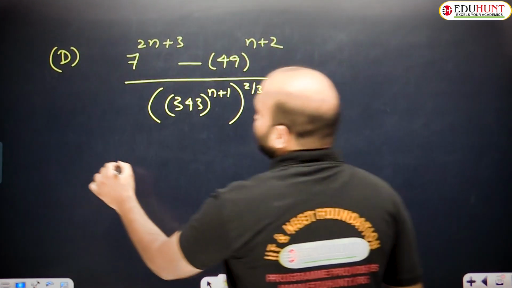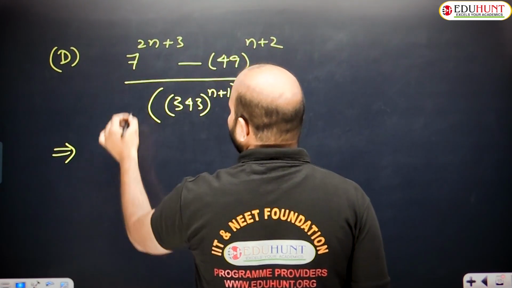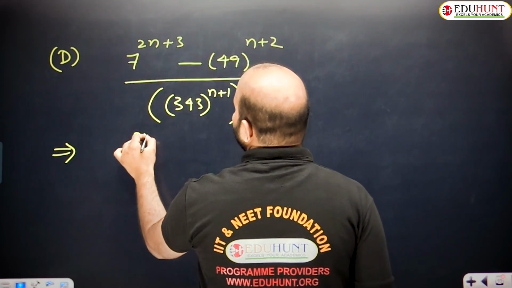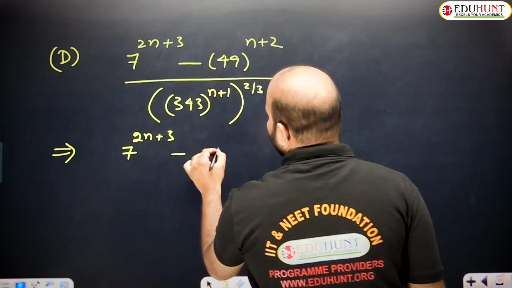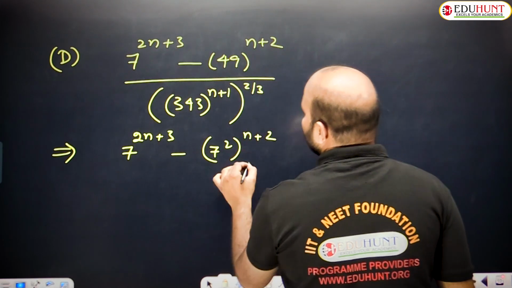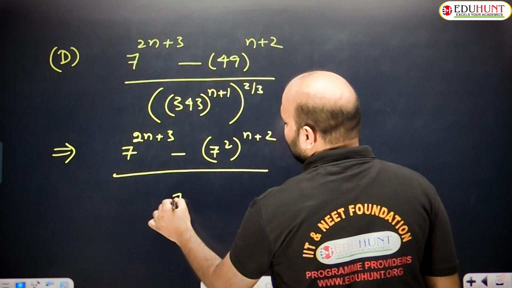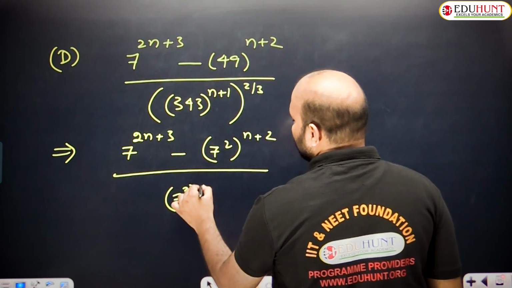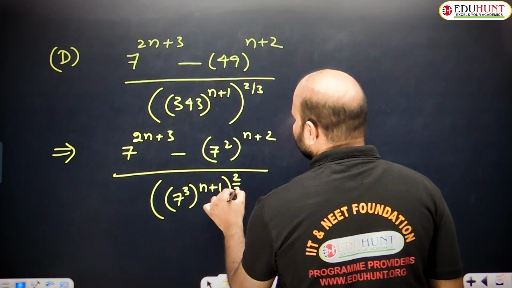So it can be simplified. 7 is a prime number. You can directly write the first equation: 7 power 2n plus 3 minus 49, which is 7 square, whole power n plus 2, by 343, which is a 7 cube value, 7 cube whole power n plus 1, again whole power 2 by 3.